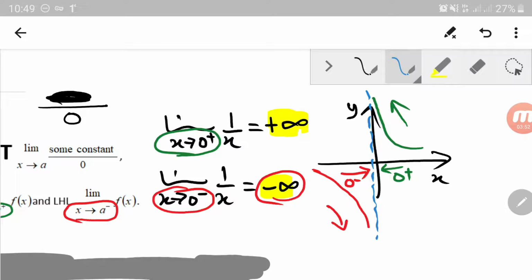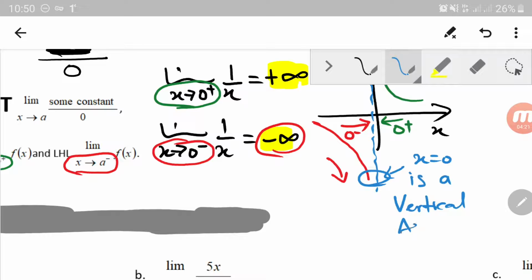The behavior that we are seeing here is that the function will keep going up until infinity, an undefined number that we do not know, to the point that they never touch. Over here also they never touch. So the blue dotted line where x equals 0 is automatically a vertical asymptote.